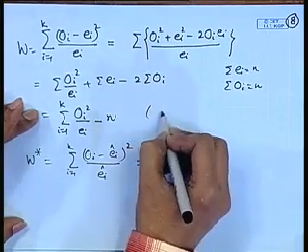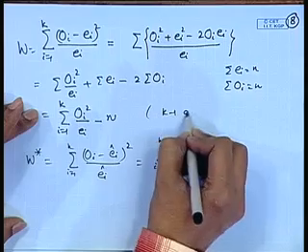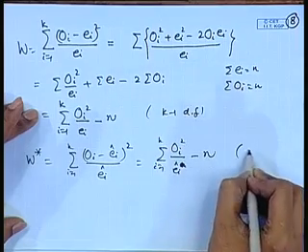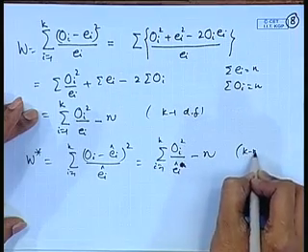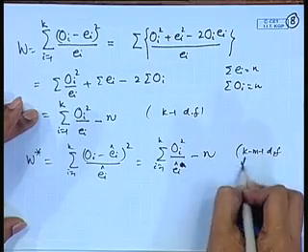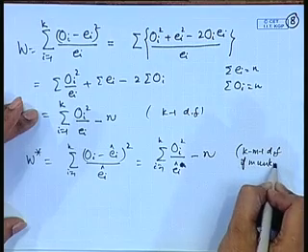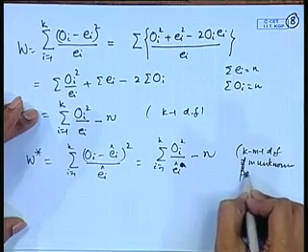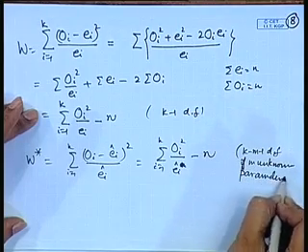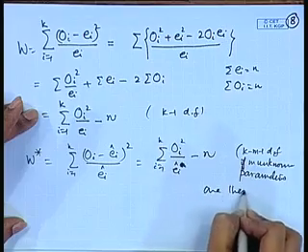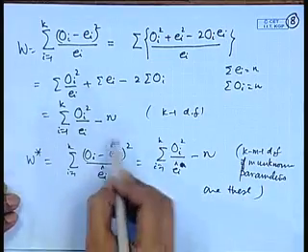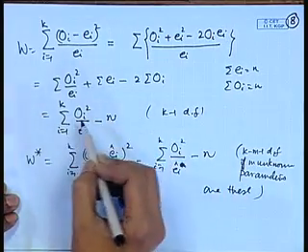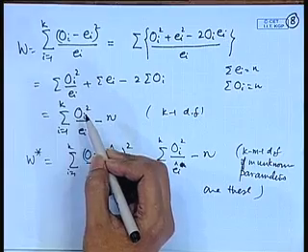Here degrees of freedom are k minus 1 and here the degrees of freedom are k minus m minus 1 if m unknown parameters are there. Many times this expression is easier to calculate.